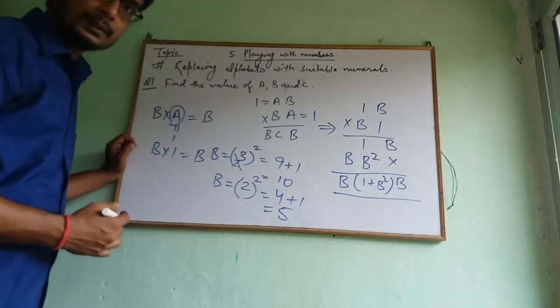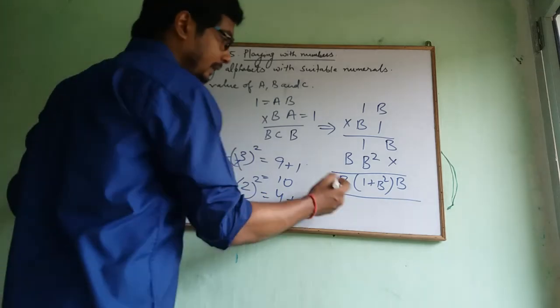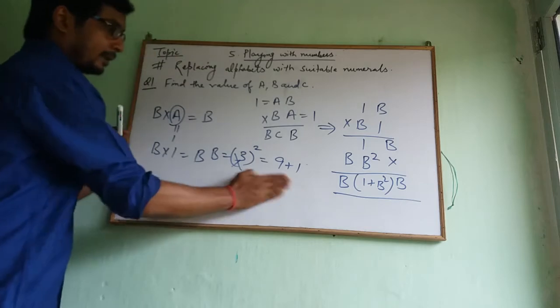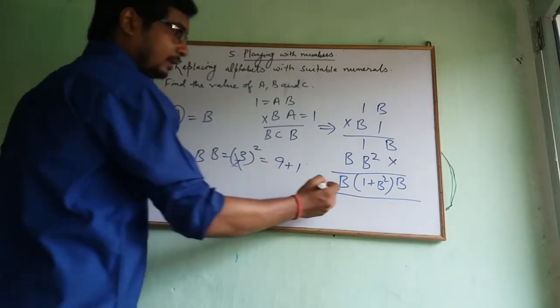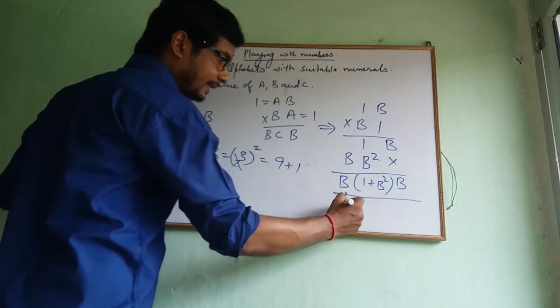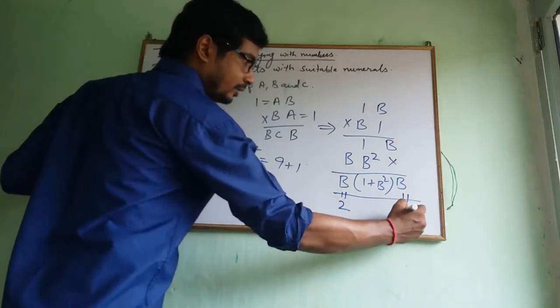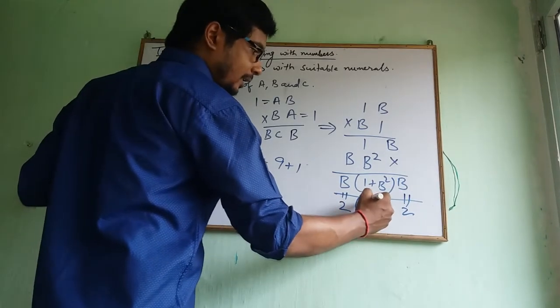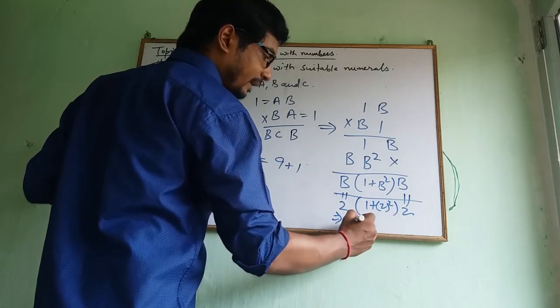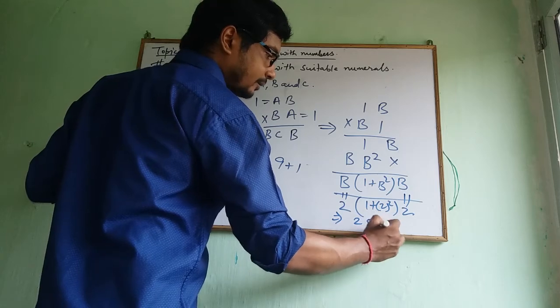So I got my answer. That means that I will put the value of b as 2. So this becomes 2, this becomes 2, and this becomes 1 plus 2 square. So my answer is 2, 5, 2.